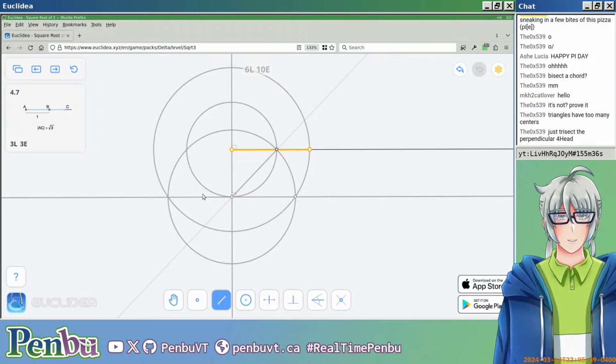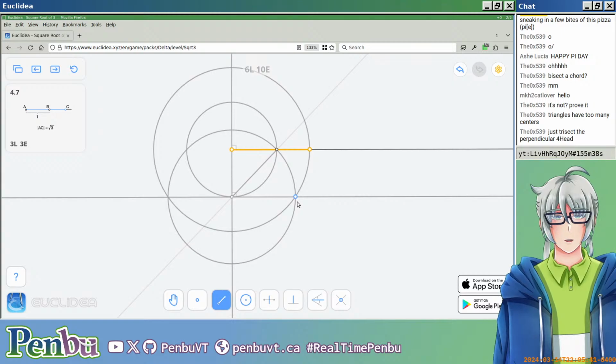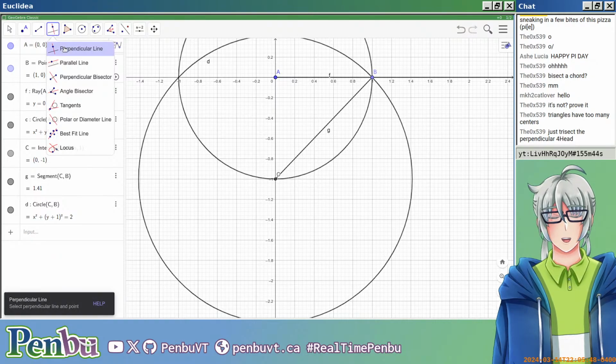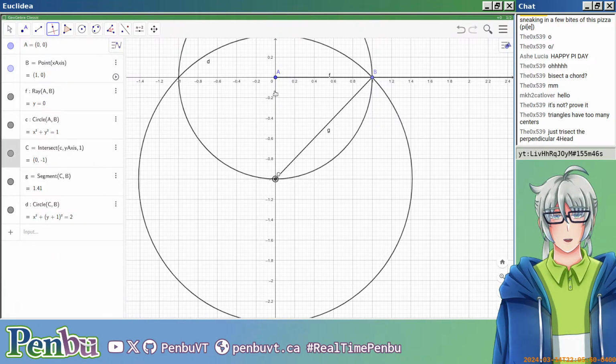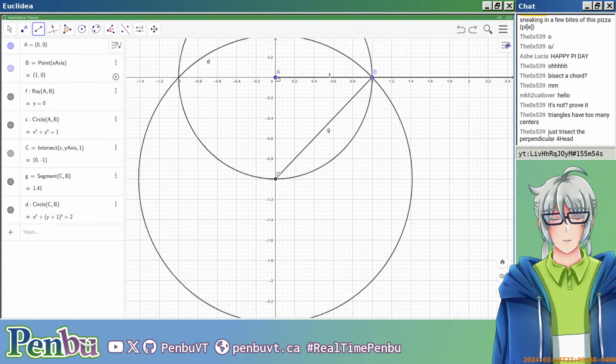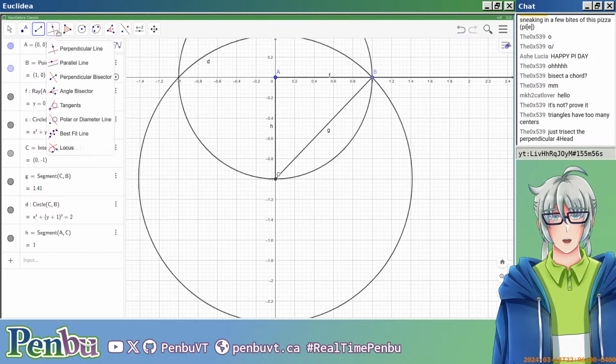And then we took the perpendicular line here. If I can figure out how to get perpendicular. I think I need a line segment from here to here. Then we take the perpendicular.